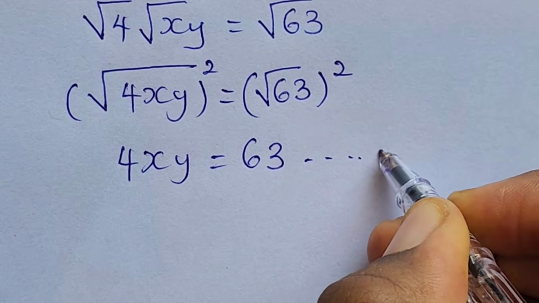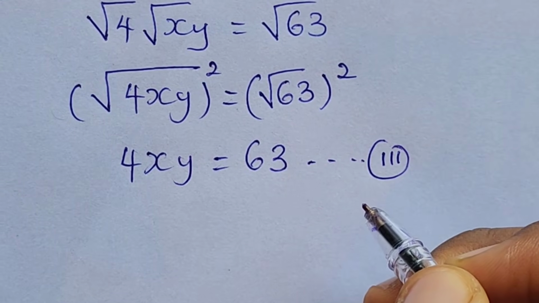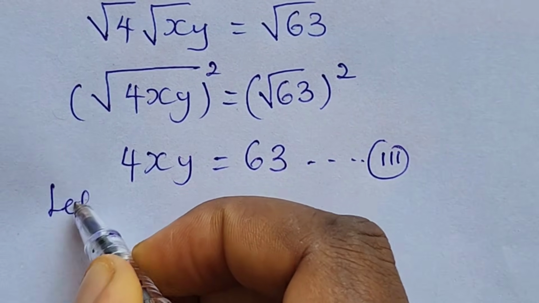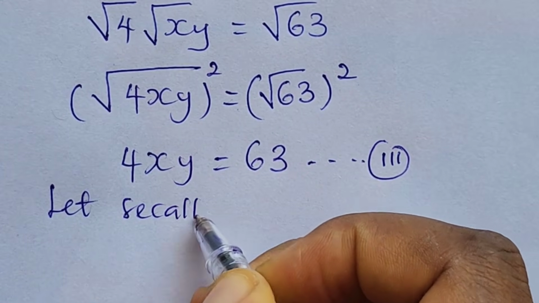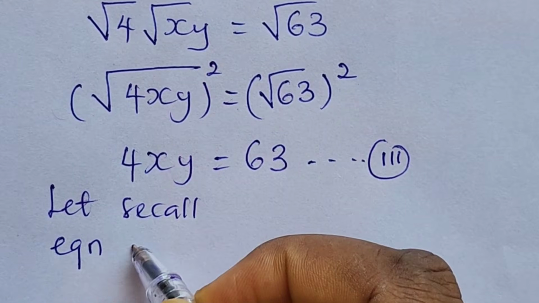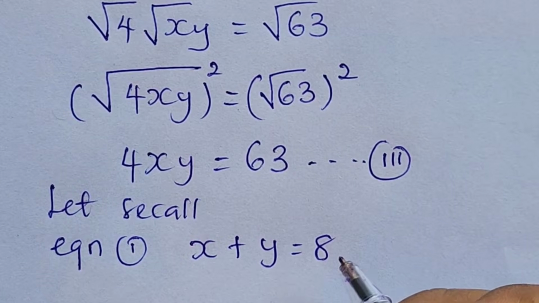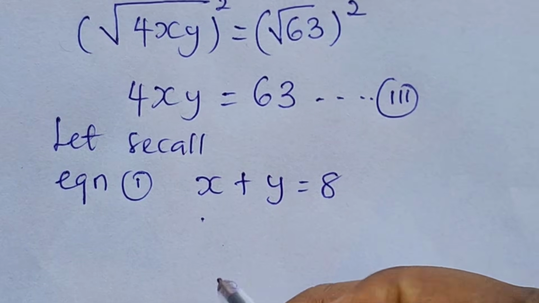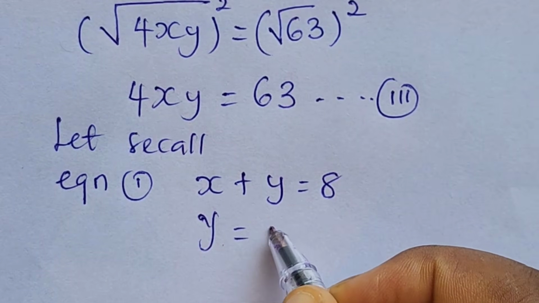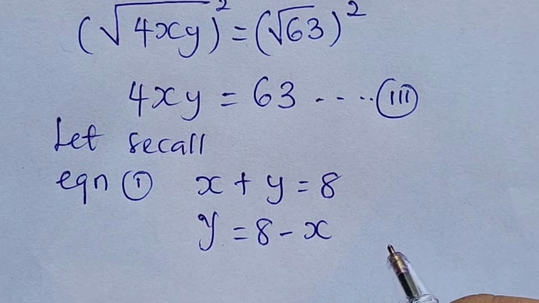So let's name this equation 3. Now let's recall from equation 1, we have that x plus y is equal to 8, which simply means that our y is equal to 8 minus x.